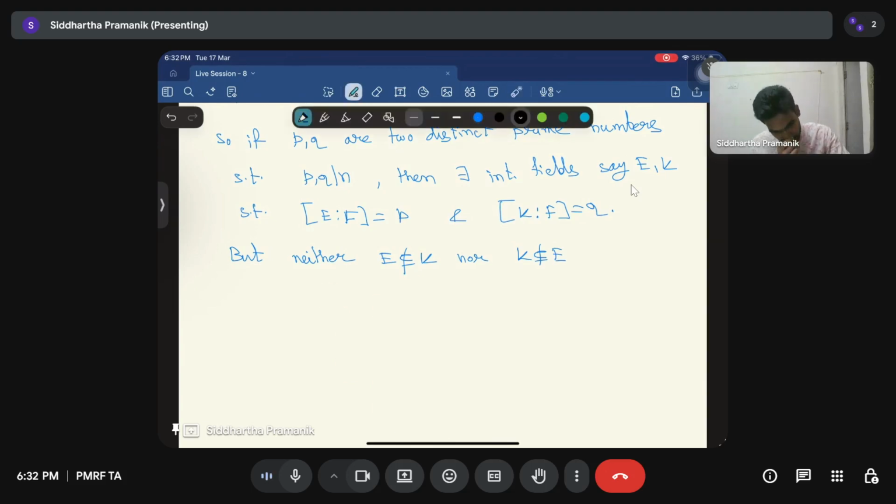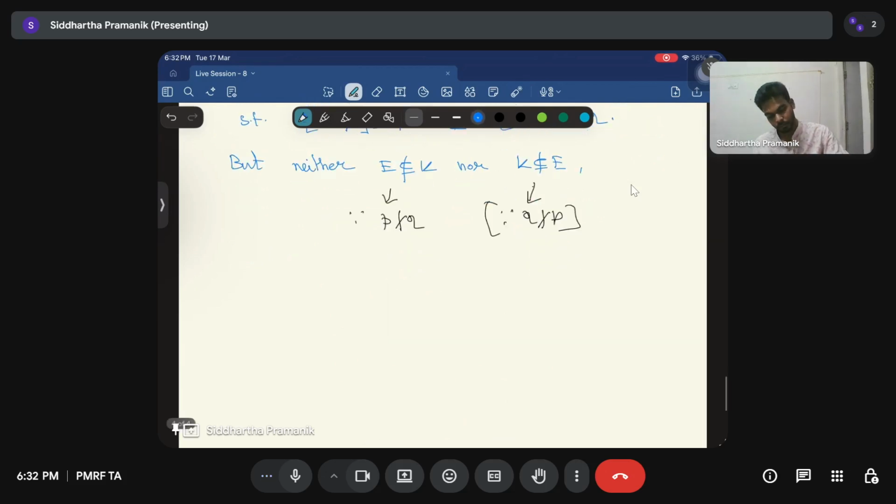So I will write down here, because p does not divide q, and this is because q does not divide p. So this contradicts the given hypothesis.